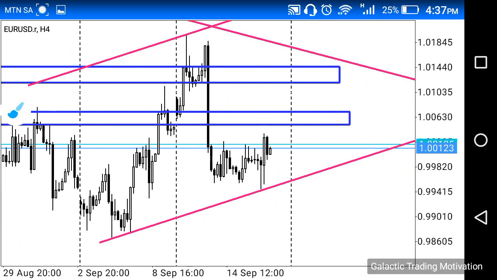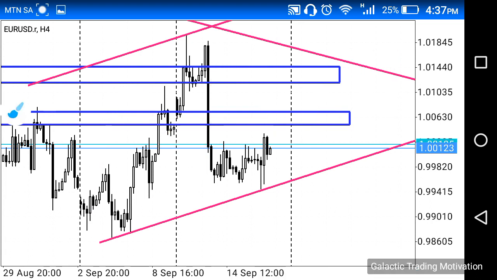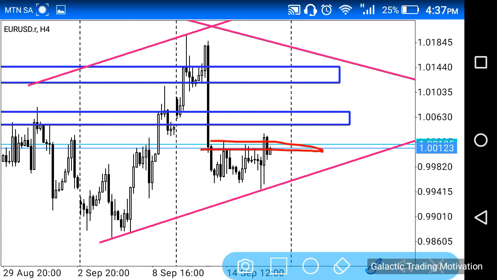So just remember that in regards to the daily chart, we are in a downward trend, but as much as that's the case, the H4 chart at this point in time seems to be upward sloping, in my humble opinion, and we can also see that, as I said, the neckline of this W structure has been broken to the upside.